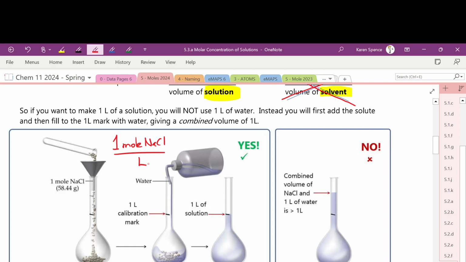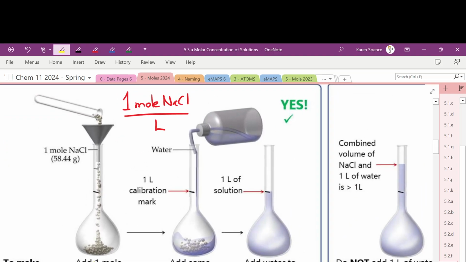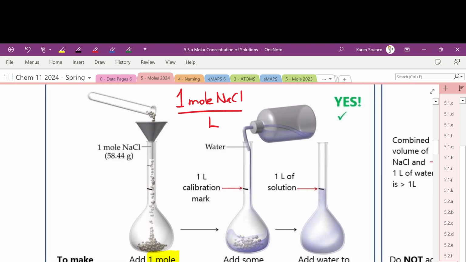What we will do is we're going to add 1 mole of NaCl. How can we measure out 1 mole of NaCl? Where would we have to look to figure that out? At the periodic table, because that will give us the molar mass. And remember, molar mass is what? Atomic mass.